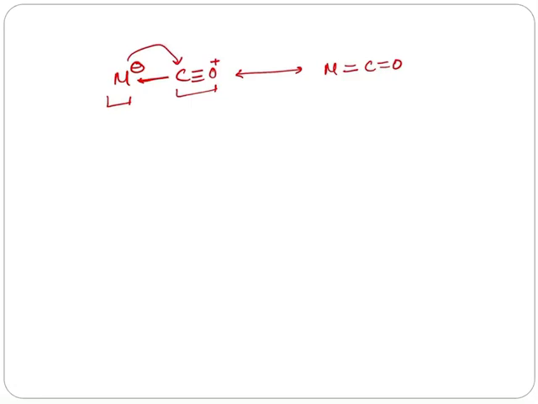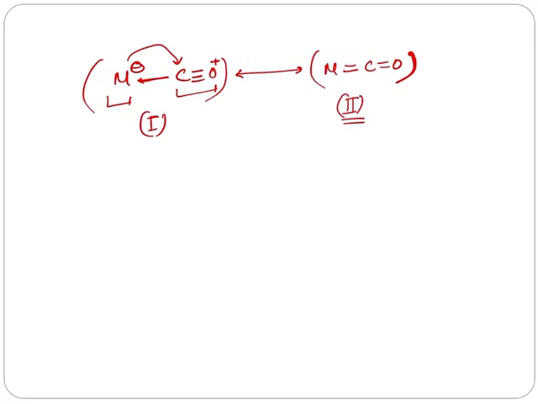So here, if we see the two resonance structures, we can easily say which one is more stable. The first one is less stable because in this structure a charge separation occurs, but the second structure is more neutral, there is no charge separation.